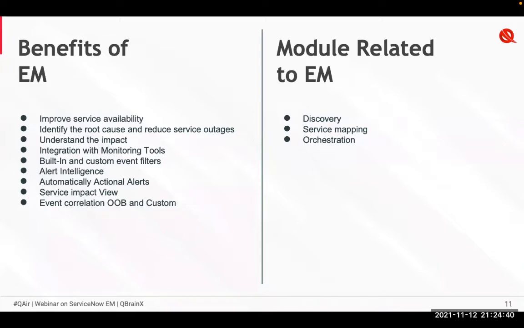So alert intelligence in ServiceNow can perform automatic alert grouping if we enable operational intelligence in event management, or we can create our own correlation rules to group our alerts automatically.